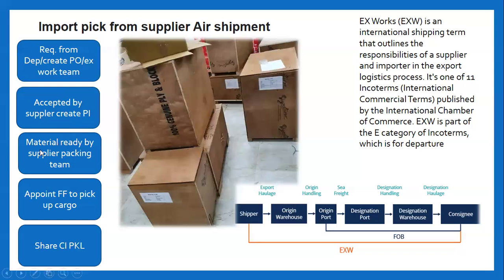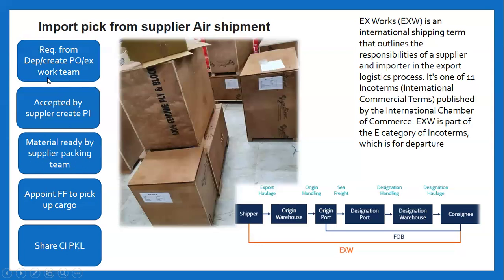Once goods are ready, the packing team packs these goods and intimates the logistics department of the supplier. Then the supplier immediately intimates the importer that the goods and packing are ready.